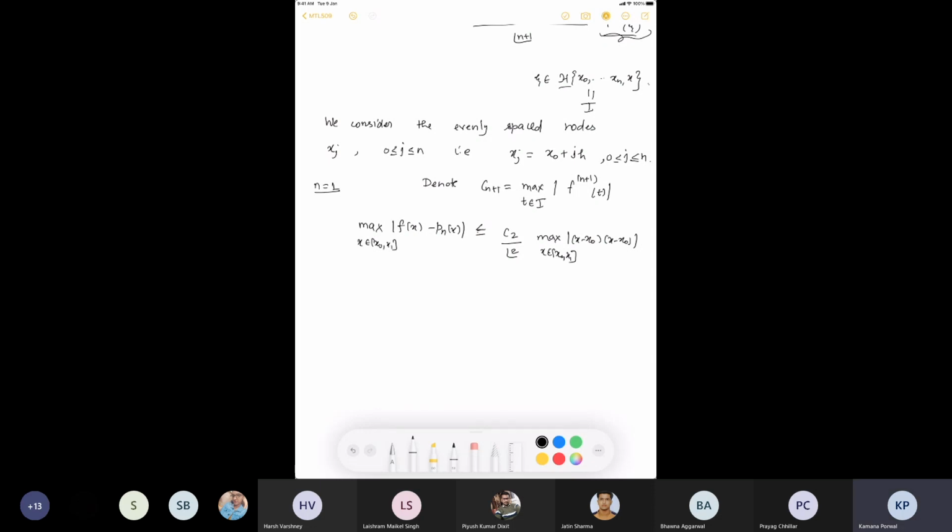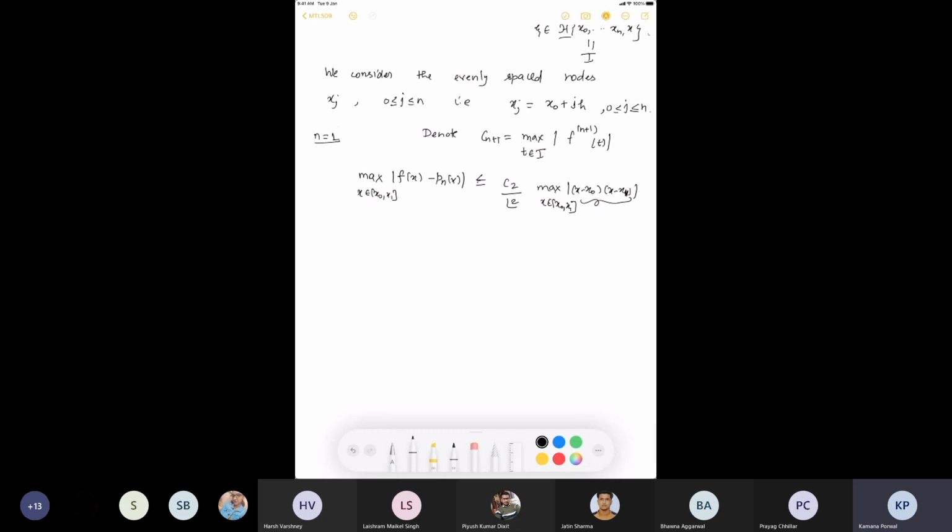We have already seen that this function attains its maximum value at (x0 plus x1) by 2, and the maximum value is h squared by 4, where h is the distance between x0 and x1. So what we have got here is h squared by 8, and C2 is the maximum of f double prime of t on this interval.